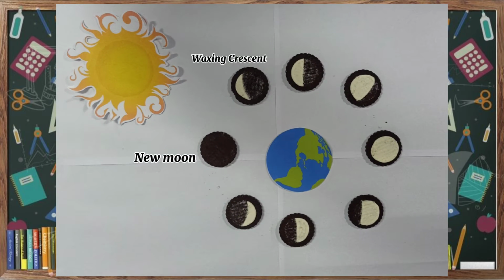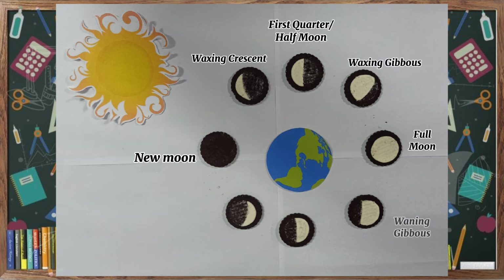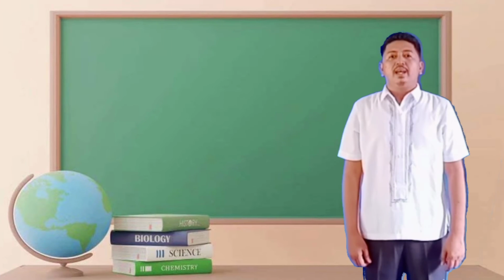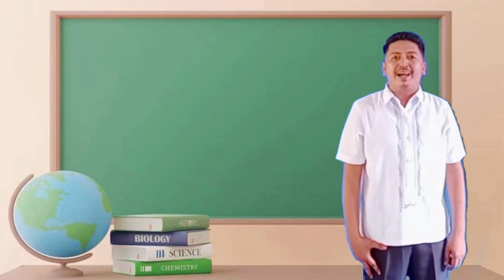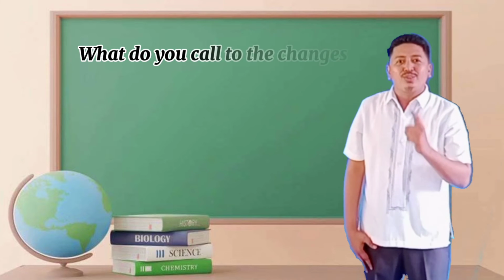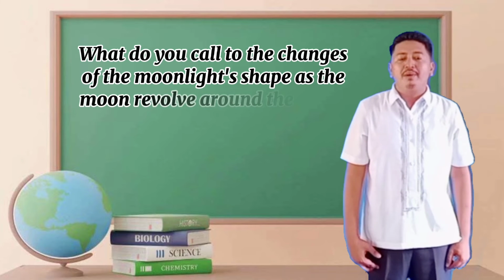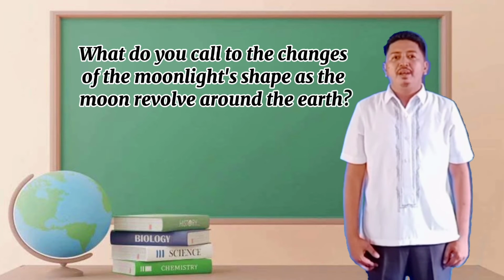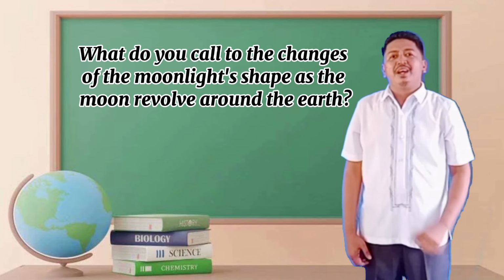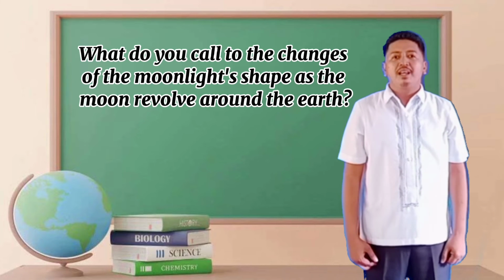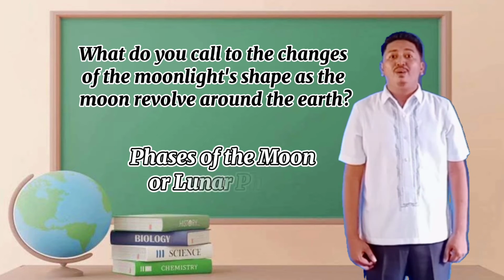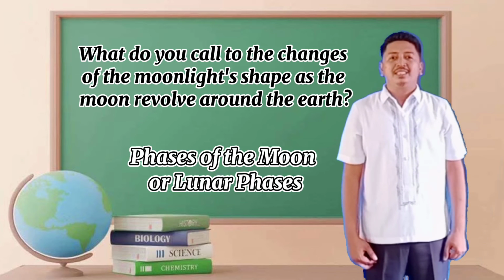Were you able to follow the instructions correctly? Good job! Remember, it is very important to follow the instructions correctly. And now, let's look back. What do you call the changes of the moon's shape as the moon revolves around the earth? Very good! The answer is phases of the moon or lunar phase.